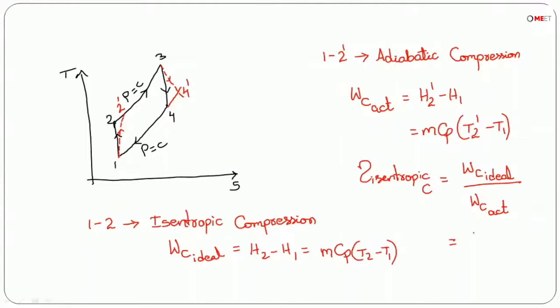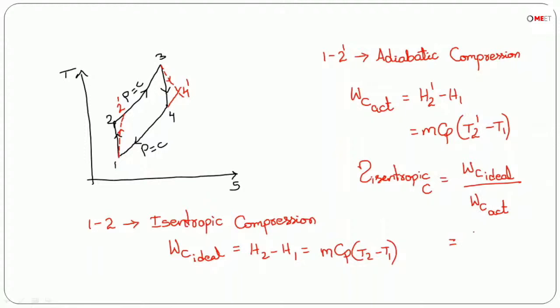Because of that, the work that is consumed by the compressor of the refrigerator will be higher. So therefore, the actual work consumed by that refrigerator will be more than the company specified values, because the testing of the refrigerator will be done under showroom conditions or under lab conditions, but practically the atmosphere that is available will be different. So that's why the actual work that will be consumed by those compressors will be higher. So that is the reason we are writing ideal by actual here.